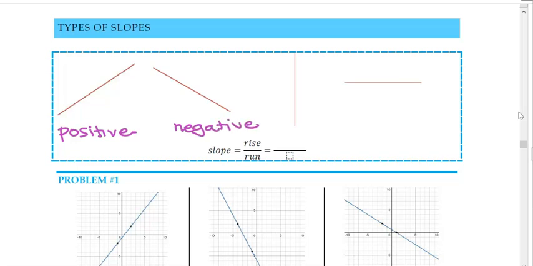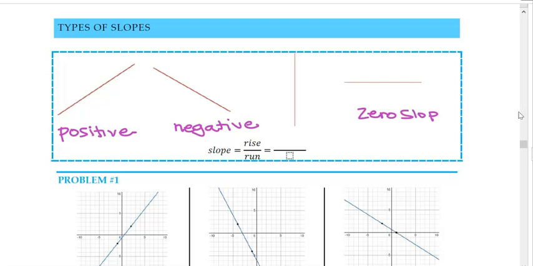In these last two, people get confused all the time. Here we've got a line that's straight up and down, a vertical line, and a horizontal line. When it is a horizontal line, you're not going up or down as you're looking at it, kind of like we talked about. And so this is where we have 0 slope.